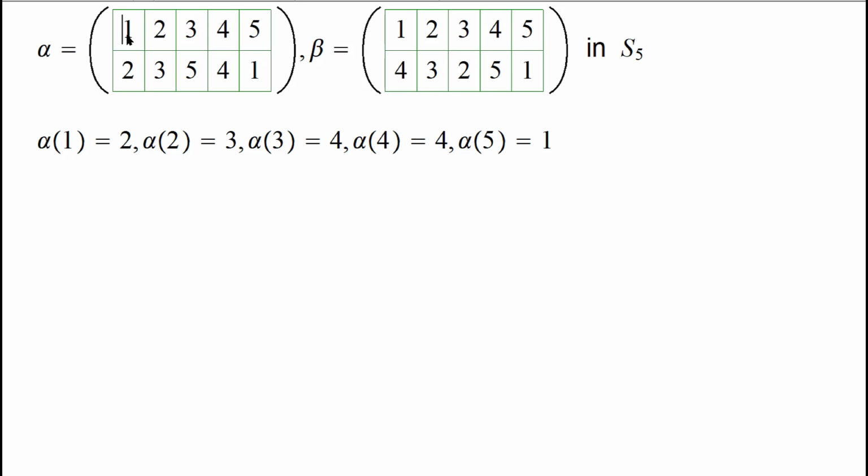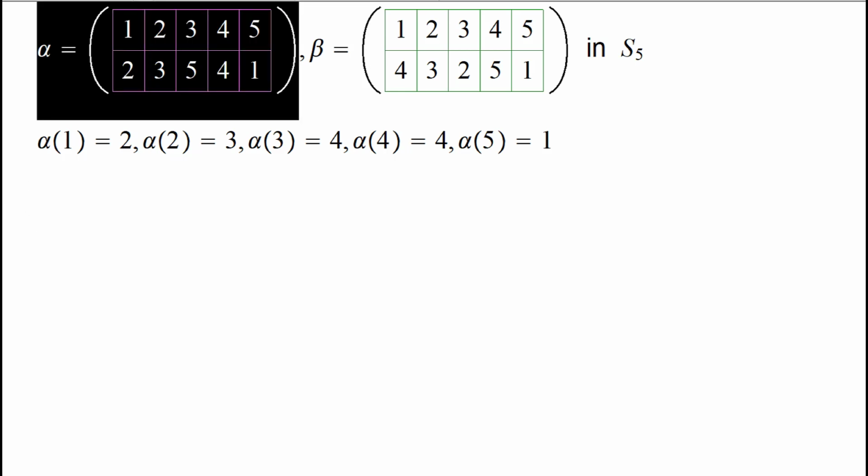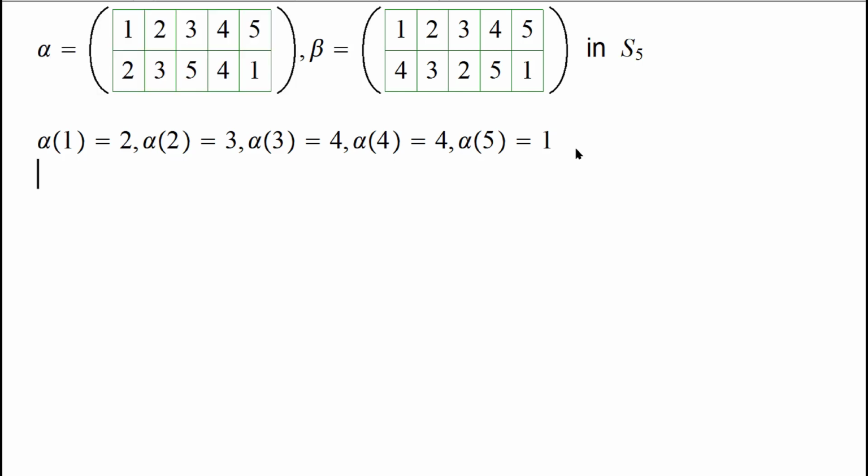That means the permutation group of all the bijective maps, or 1-1 onto maps, on 5 symbols, that is, 1, 2, 3, 4, 5. So alpha is given by this. That means 1 goes to 2, or alpha of 1 is 2, alpha of 2 is 3, alpha of 3 is 5, alpha of 4 is 4, and alpha of 5 is 1.